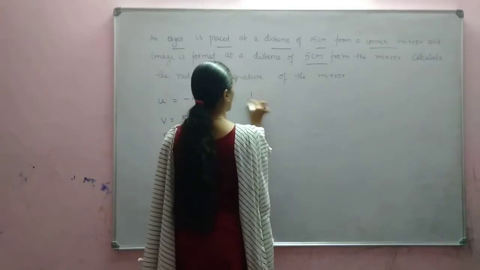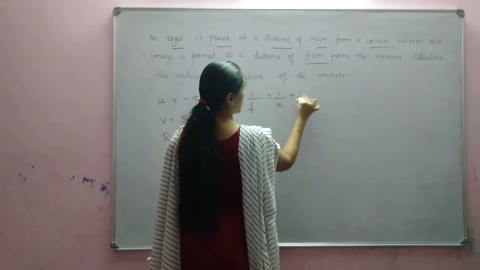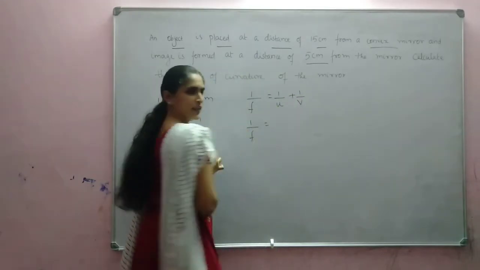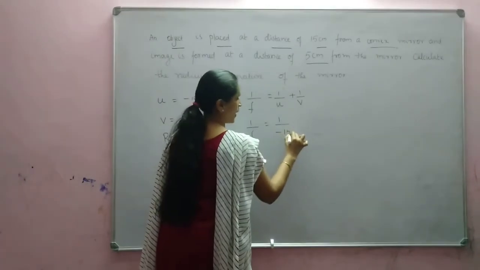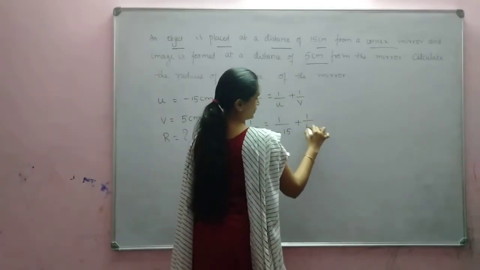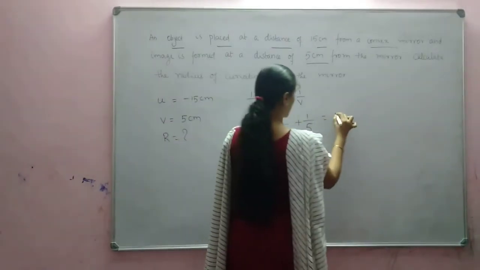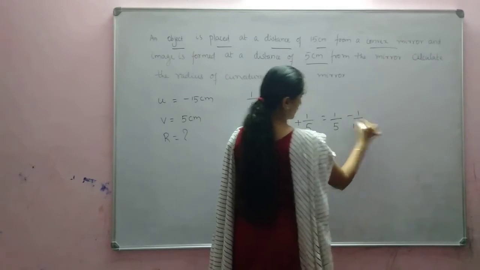What is the mirror formula? 1 by f is equal to 1 by u plus 1 by v. 1 by f is equal to, u is given, what is the value of u? U is minus 15 and v is 5. Okay, or we can rearrange it like this, 1 by 5 minus 1 by 15.